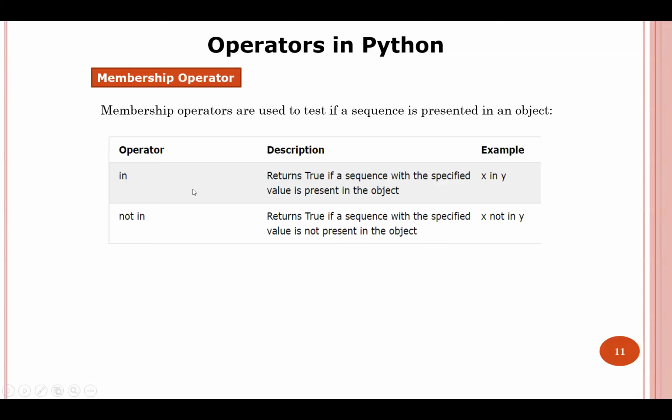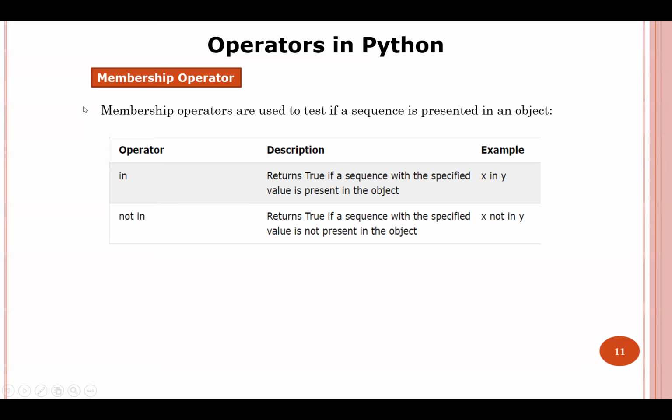Now after that, we have the next important operator, the membership operator. What is the membership operator? Membership means whether you are a member of a weekend party or a quarterly party or not.